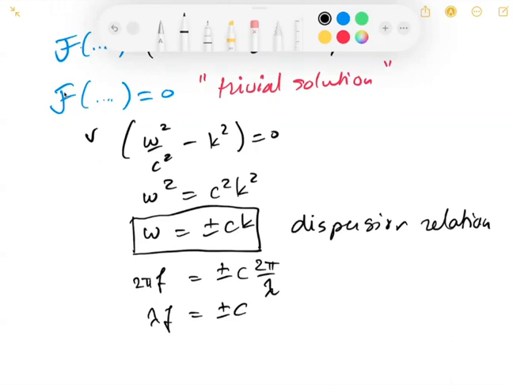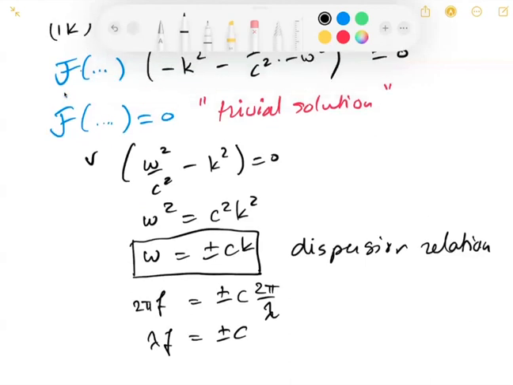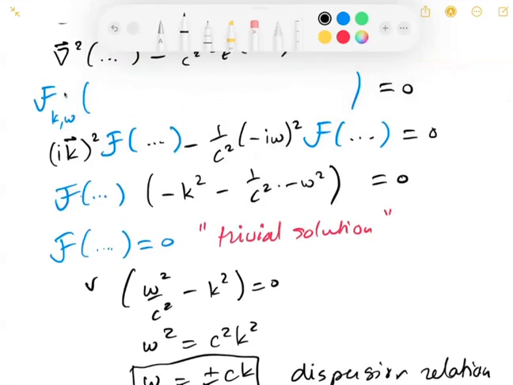Now, hopefully you agree with me, this is kind of cool that we get this relation between the speed, the wave number or the wavelength, and the frequency, or the angular frequency, or the period, that is independent of the field that we were considering, right? This is just anything that looks like this wave equation.